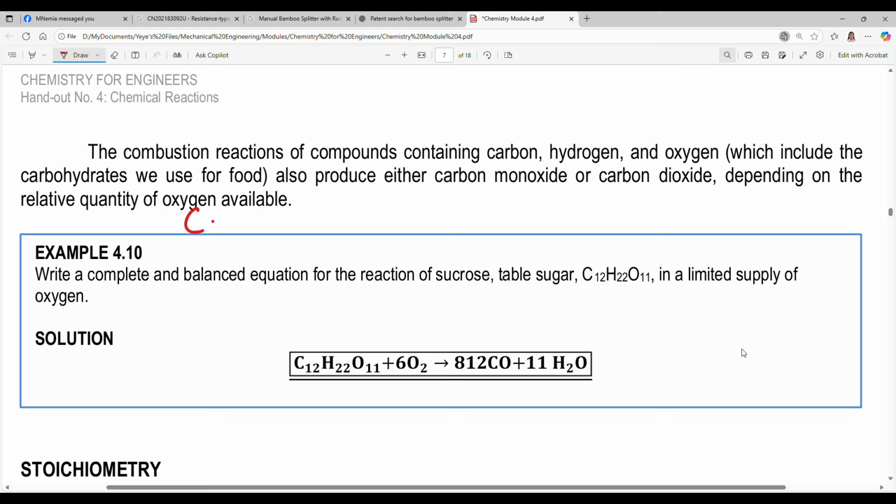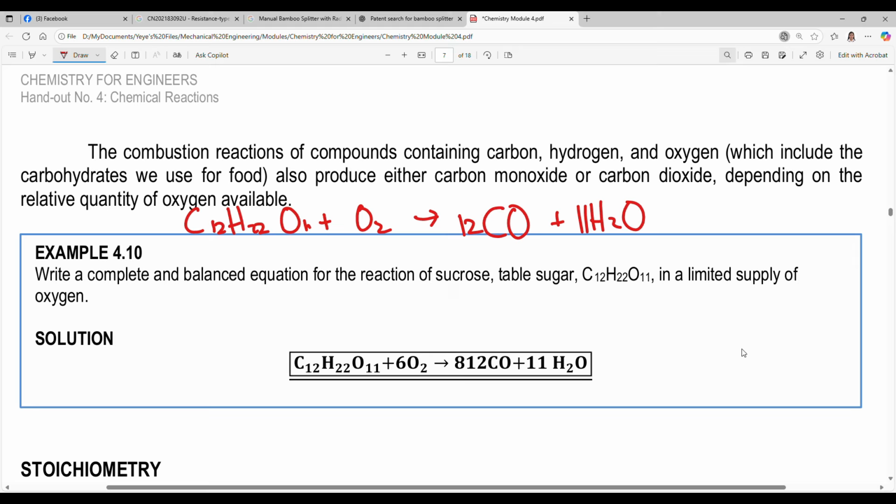So, C12H22O11 plus O2, limited supply. Your product is carbon monoxide plus water. Carbon is 12, so you write here 12. Hydrogen is 22, so you write here 11, since 11 times 2 is 22. Your oxygen on the left is 11 plus 2, 13. Here, we have 12 plus 11, that is 23.